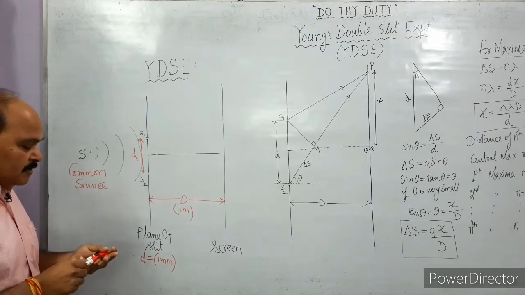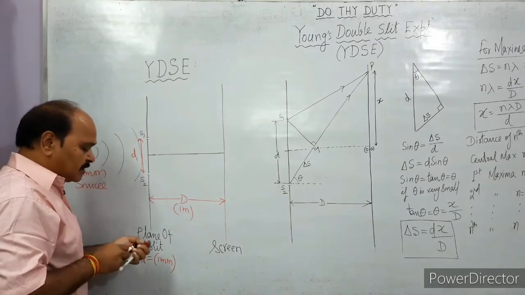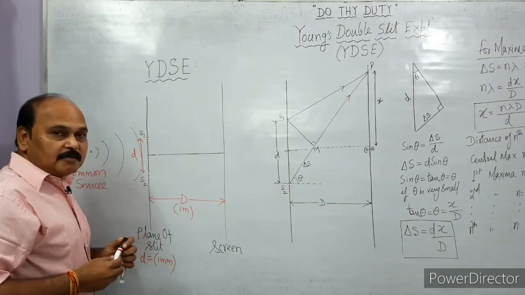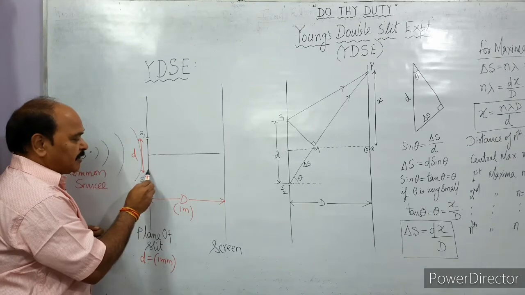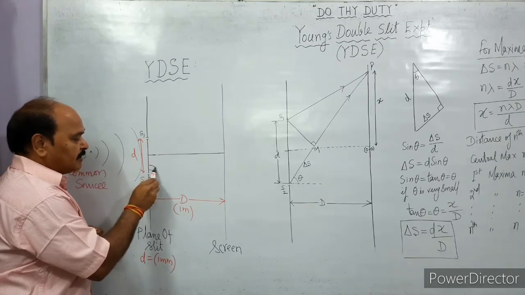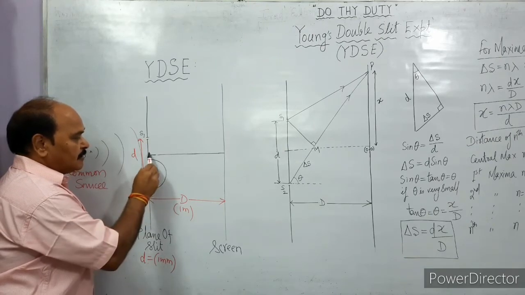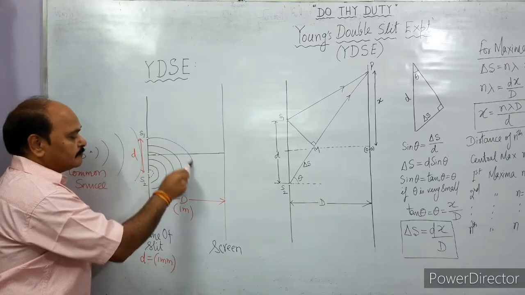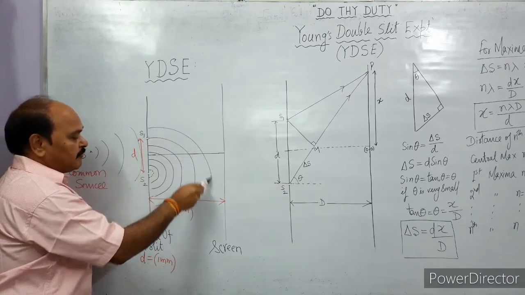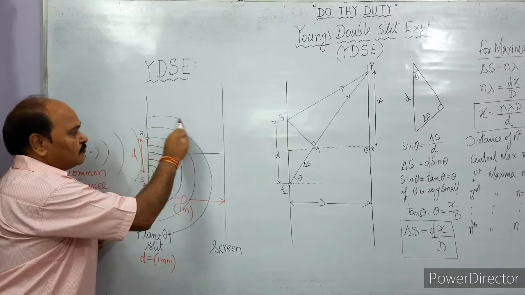Both these slits start behaving like two coherent sources. The waves from slit number S2 travel like this in this right part of the medium. These are the waves coming from slit number S2.